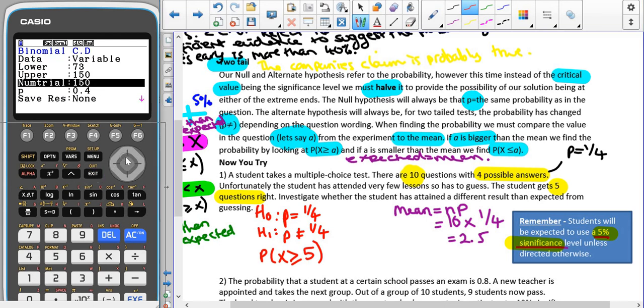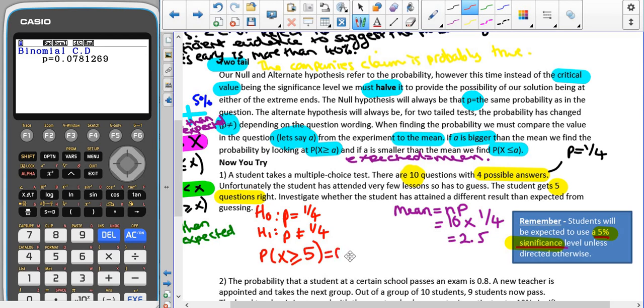The lower is going to be 5, the upper is going to be 10, out of 10 number of trials, and the probability is a quarter. That gives us 0.0781. Remember that that's our test statistic.